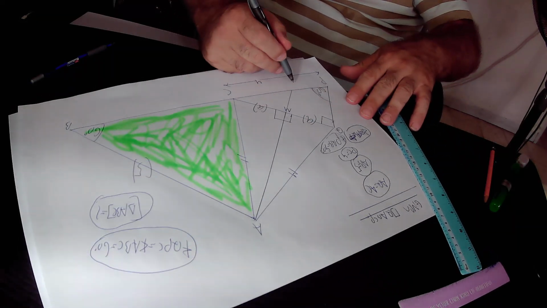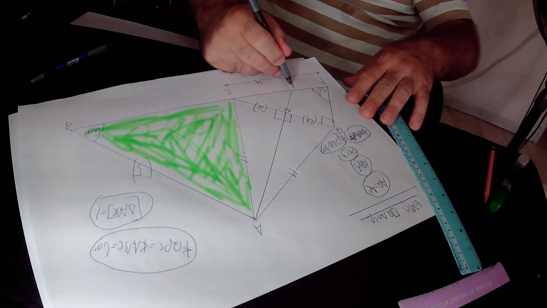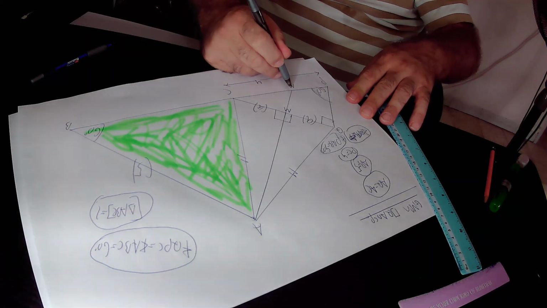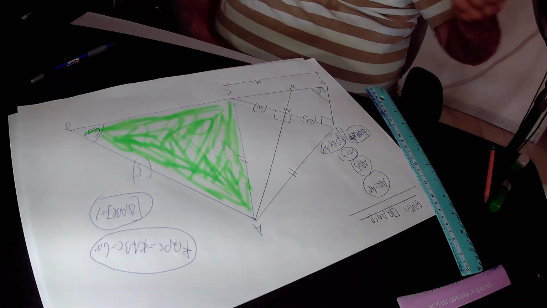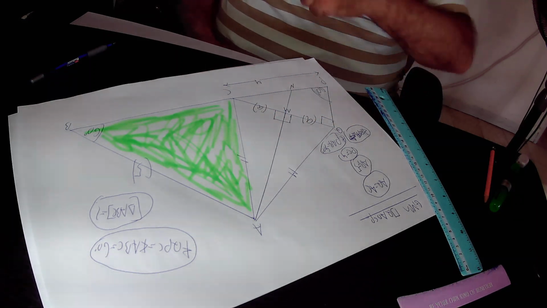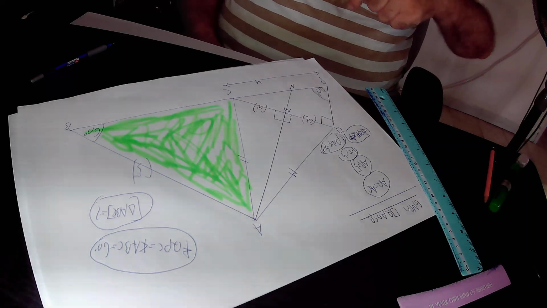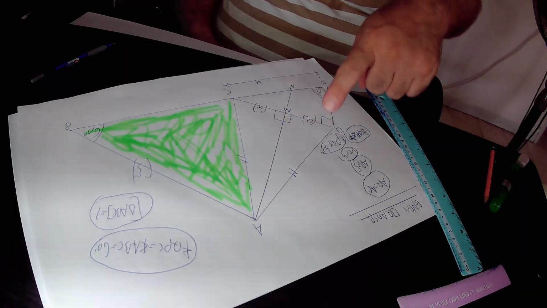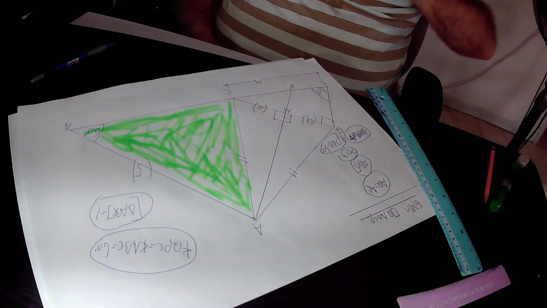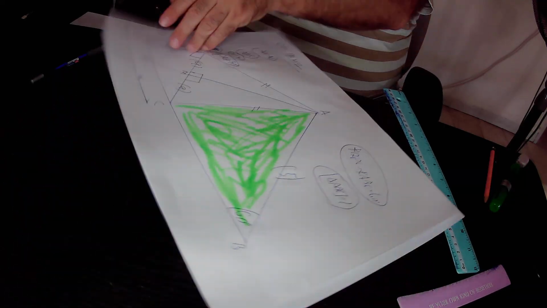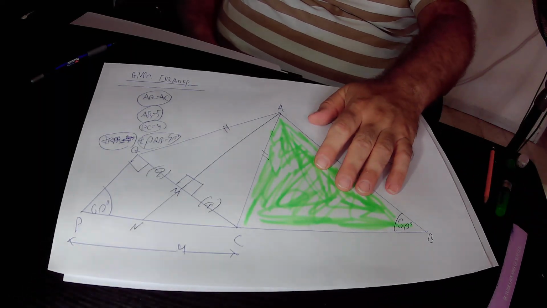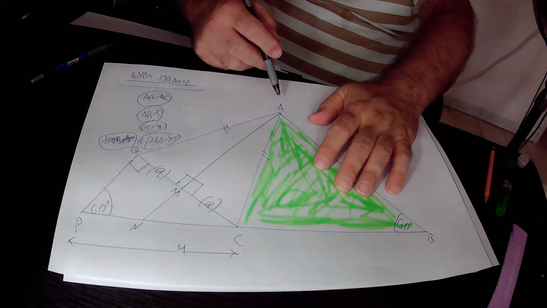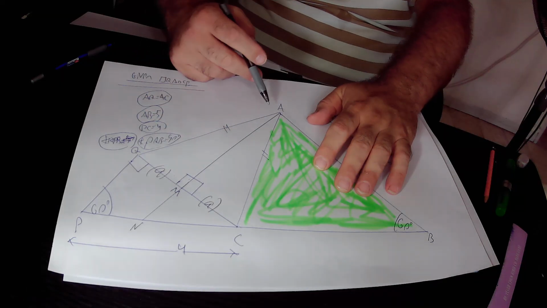This point is point N. The perpendicular AM is absolutely a straight line. When we extend the straight line AM by a straight line, the result is AN. So when you extend a straight line by a straight line, the result must be a straight line. Therefore, AN must be a straight line.